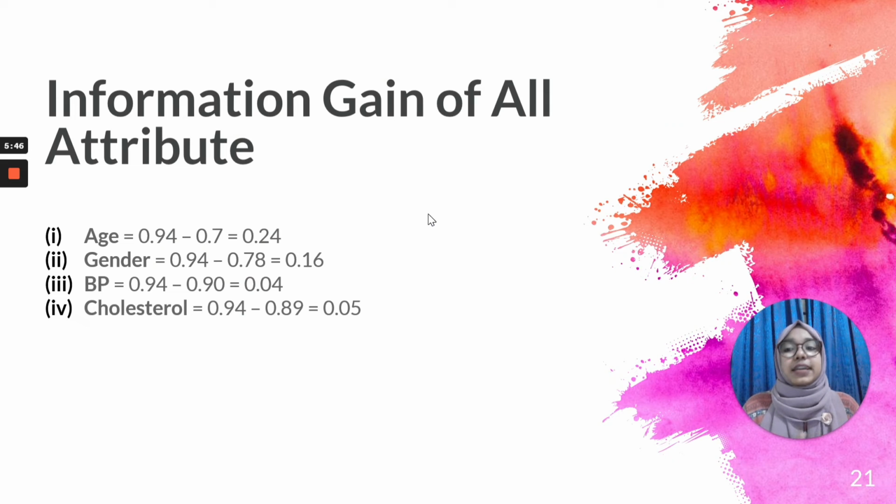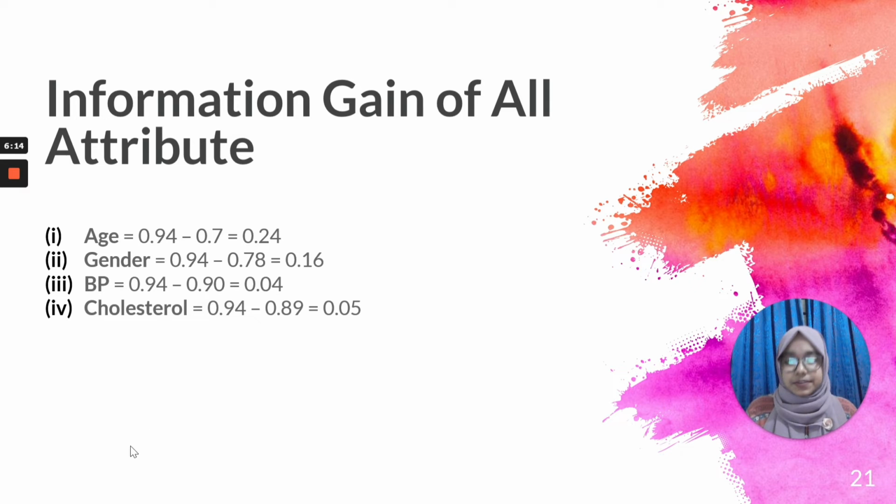Here we declare the information gain of all attributes. We take all attributes here, and it is the information gain of the dataset minus the total entropy of each attribute. 0.94 is the information gain of the drug dataset and 0.7 is the total entropy of age.